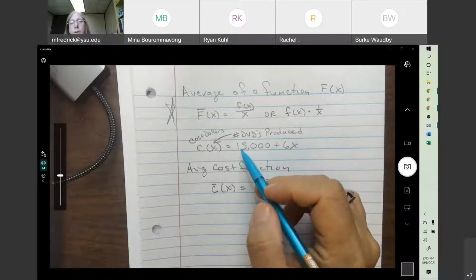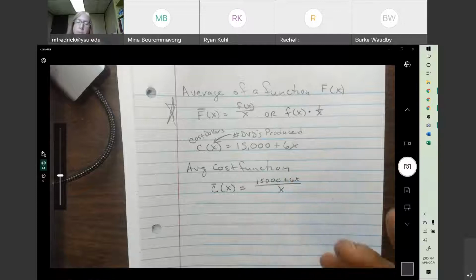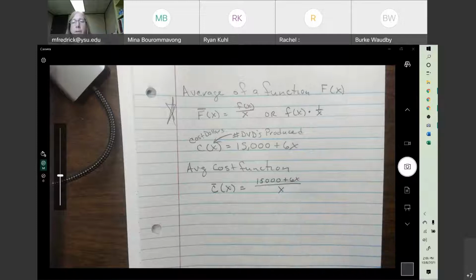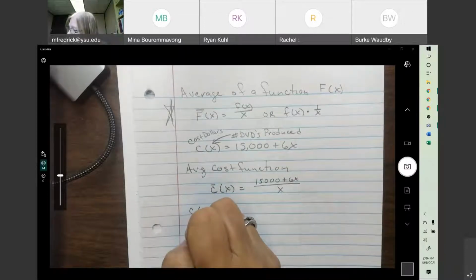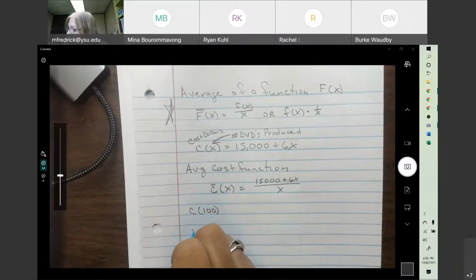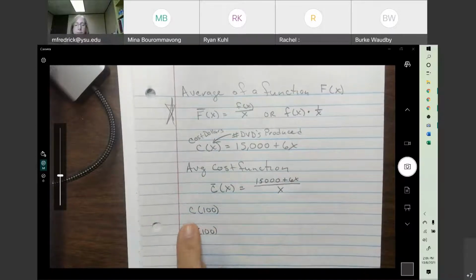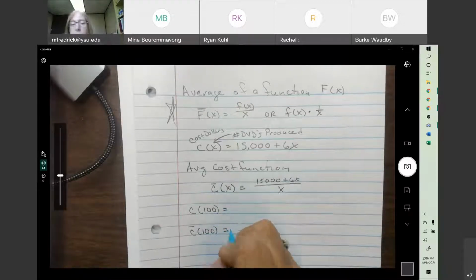So this function gives you total cost, and this one gives you, when you produce so many of them, the price per item, cost per item. To better understand it, let's find the cost function at 100 and the average cost function at 100. And just plug it into the equations.